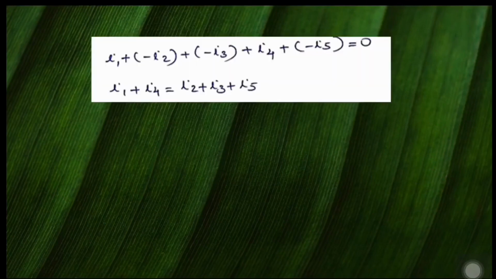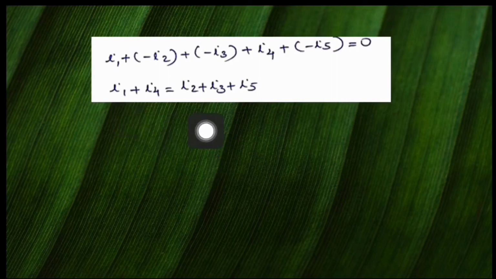You can see the equation here: I1 plus (minus I2) plus (minus I3) plus I4 plus (minus I5) is equal to 0. By rearranging this, we get I1 plus I4 is equal to I2 plus I3 plus I5. Now, look at this left hand side. You can see it represents the sum of incoming currents.